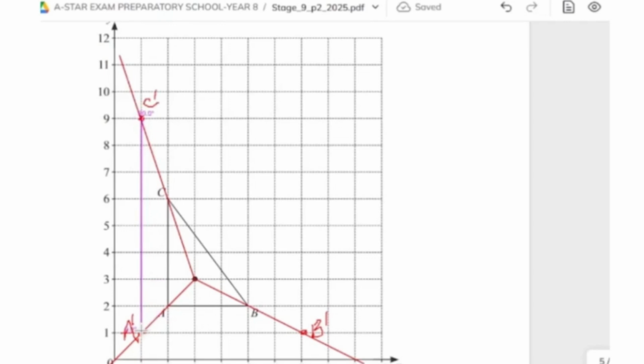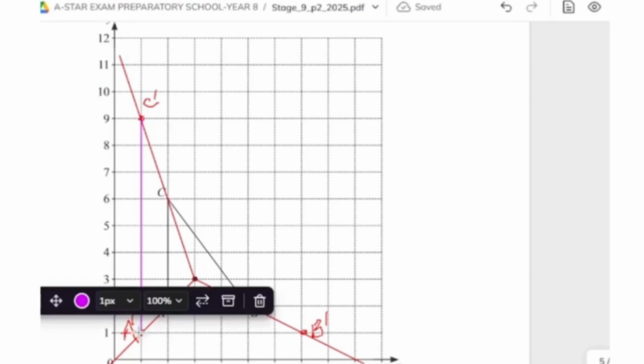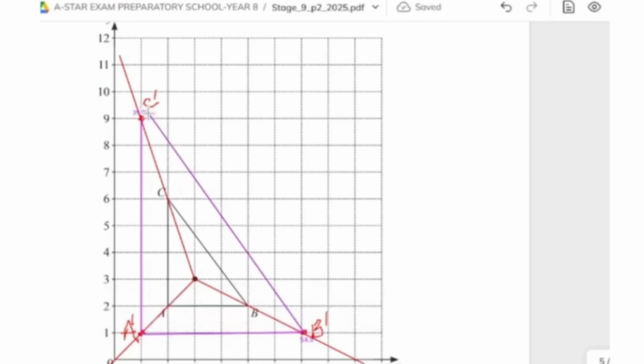So from here, it connects to this. Okay, so this is the enlargement. If you check very well, this side is 1, 2, 3, 4, 5, 6, 7, 8. And so this is the enlargement.